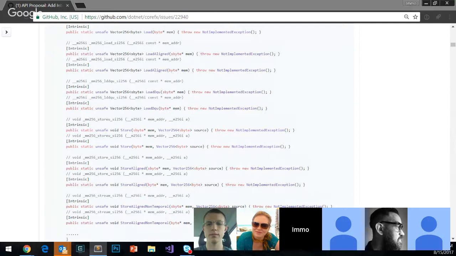But for this one, I would say load is better, because load unaligned would not be the right description, since it's both aligned and unaligned. It basically means I load anything: you give me data, I will load it. And if we add unaligned, some people may think they have to call this or the other and make sure it's unaligned.